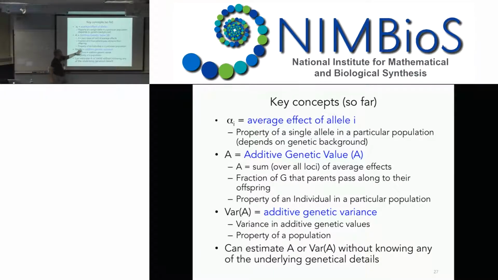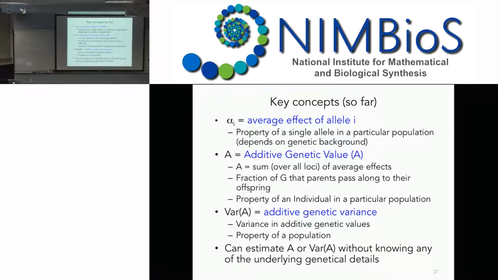This is a property of an individual in a particular population. I may have a certain breeding value if I'm randomly crossed to an individual in Brazil. I then take the same genotype, randomly cross it to an individual in Florida, and my offspring may be different. Why? Because allele frequencies are different in these two populations. So this concept of an additive genetic or breeding value is a property of an individual in a particular population.